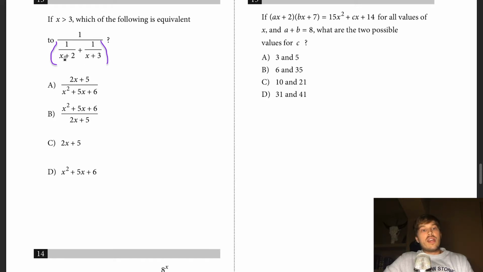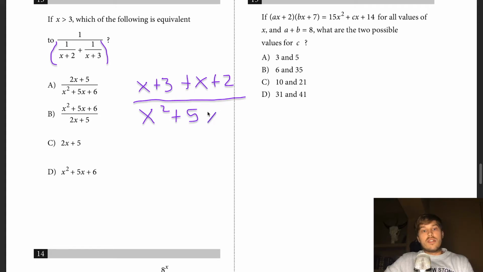We multiply this first sum by x plus 3 over x plus 3, and the second sum here by x plus 2 over x plus 2. And that will give us what? Well, it'll give us x plus 3 plus x plus 2 over x plus 2 and x plus 3 multiplied, which is x squared plus 5x plus 6.